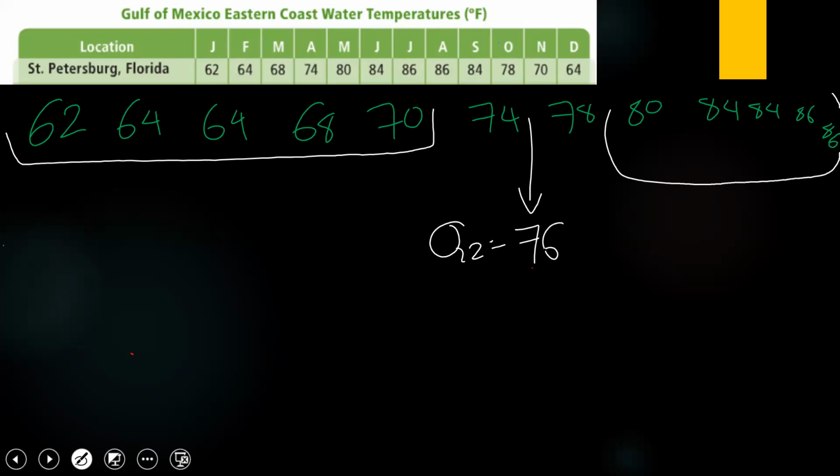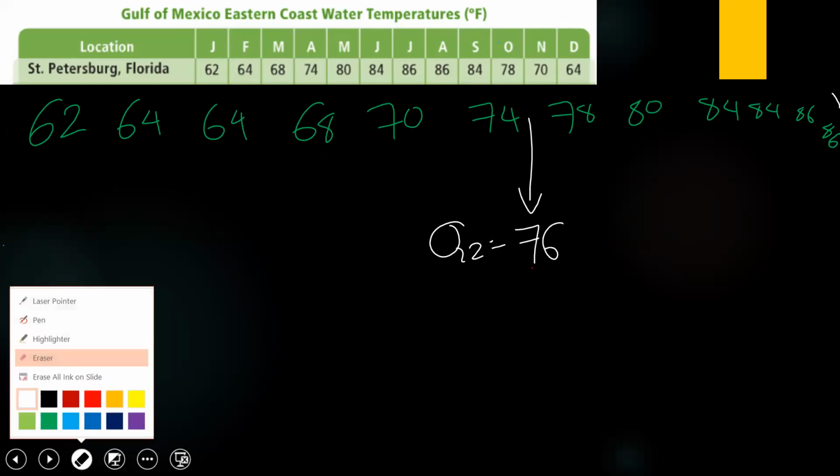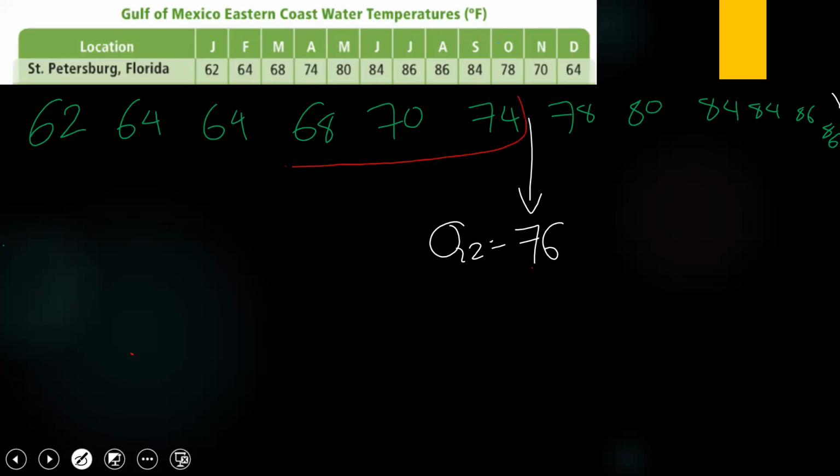This is the median. Teacher, the first half, 74 will be with them, right? Okay. This is now for the mean. So this is Q sub 2 or the median. Now let's find the median for the first half.